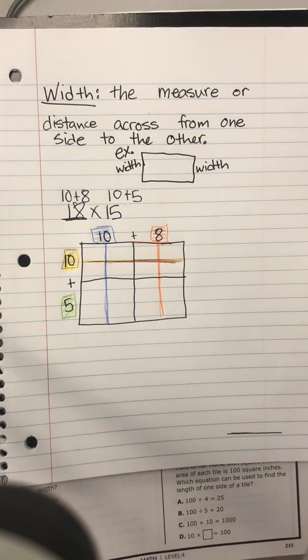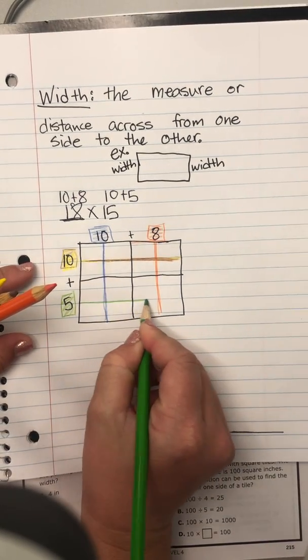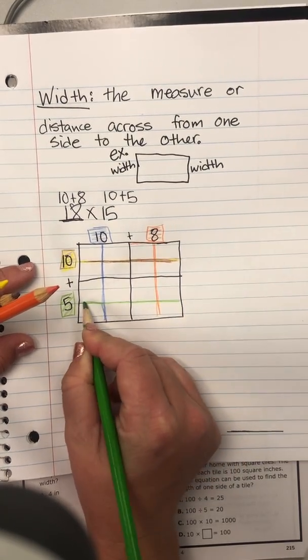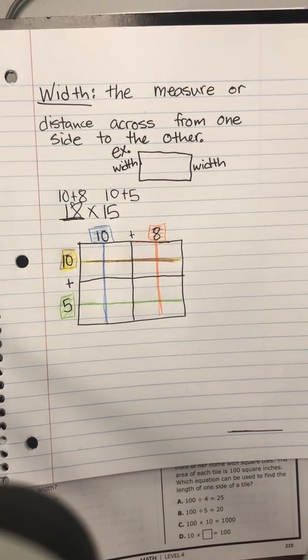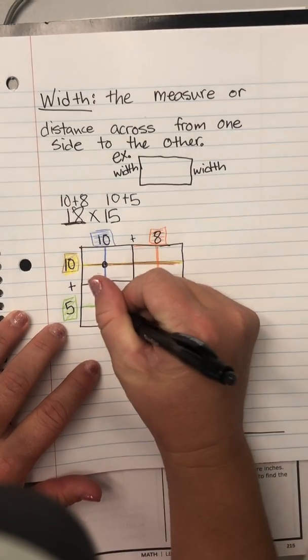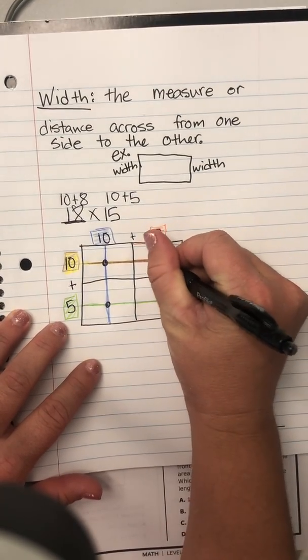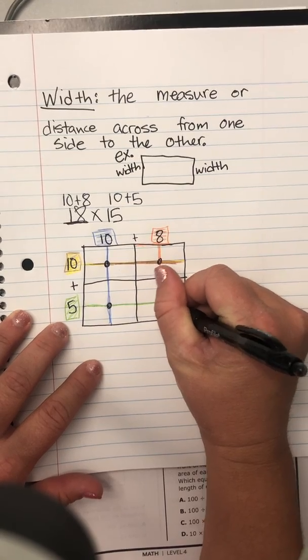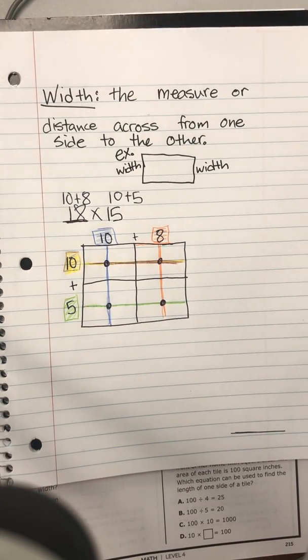And then green, I'm going to draw a line across there. Now, where the numbers touch, you see where my numbers cross right here? See those 4? Those are called your partial products. Okay, that's what you're going to multiply. The 2 colors that cross are what you're going to multiply.